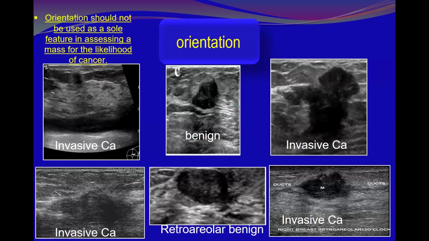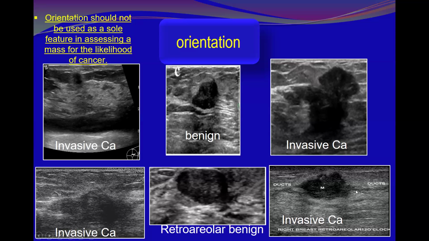They reported it as a proven benign mass, but look, the orientation is vertical. And here, this is invasive cancer, vertical. This is my patient, a proven small invasive cancer, vertical.